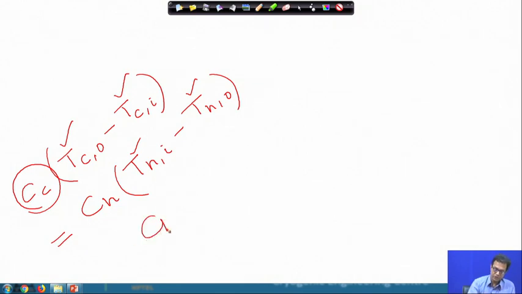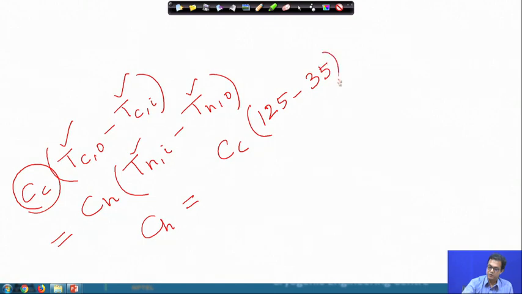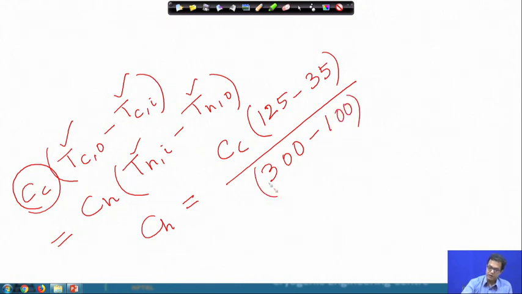So, we can find C_h to be C_c, that is 4197, multiplied by (T_co minus T_ci), that is 125 minus 35, divided by (300 minus 100), and already we know C_c is 4197.